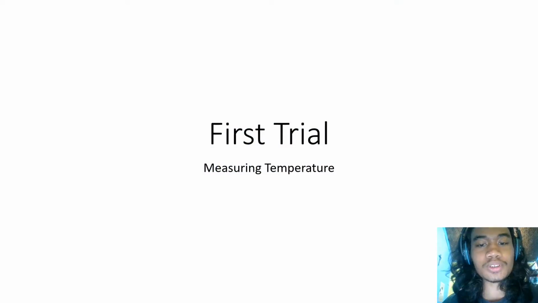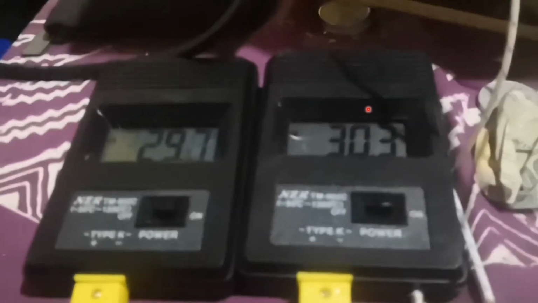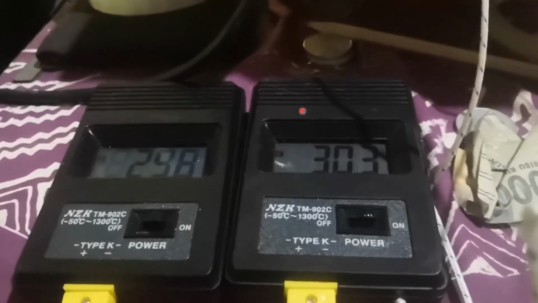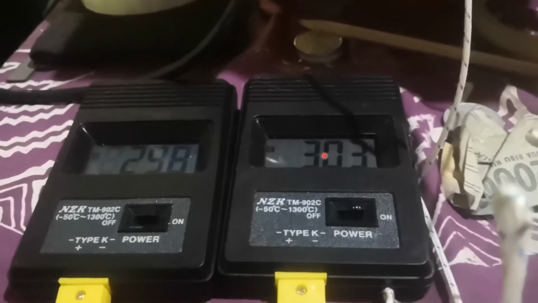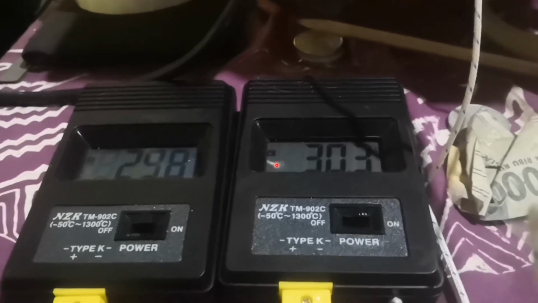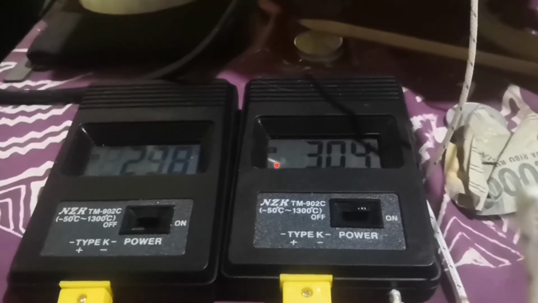Next we'll measure the temperature. So we turn on the electric heater, and this is the initial temperature, and we'll measure it with a time interval of around 1 minute.